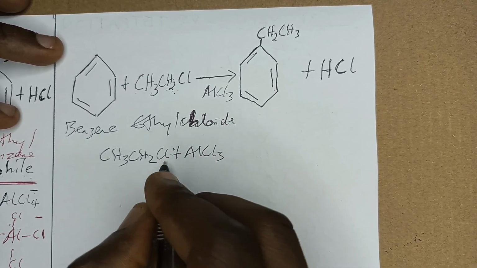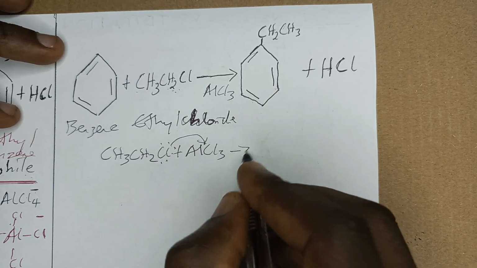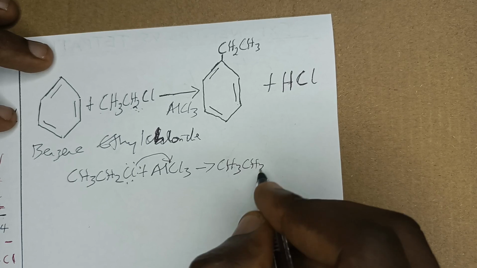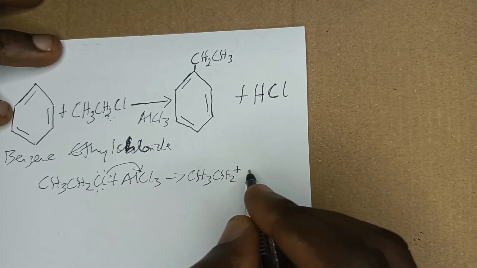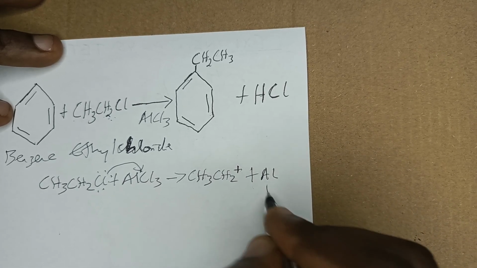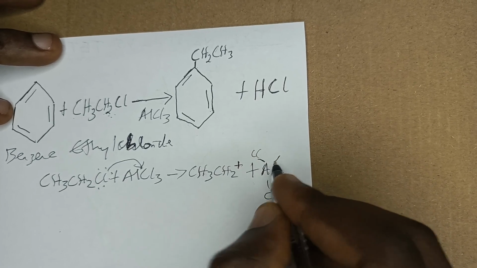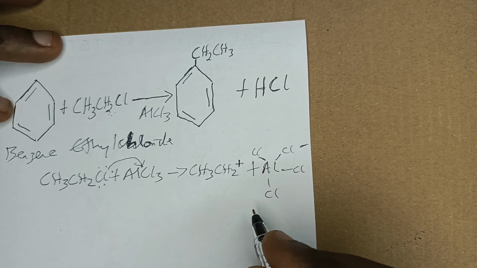As usual, this is having some pi bonds. It comes here to attack to give us CH3CH2+, plus another Al surrounded by 4 chlorines, and it's having minus.